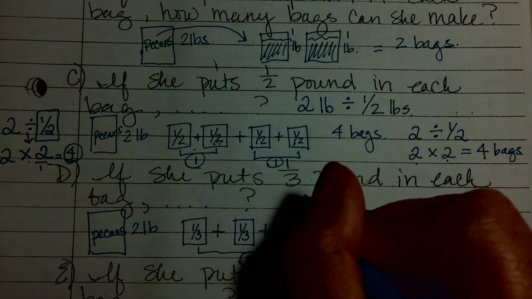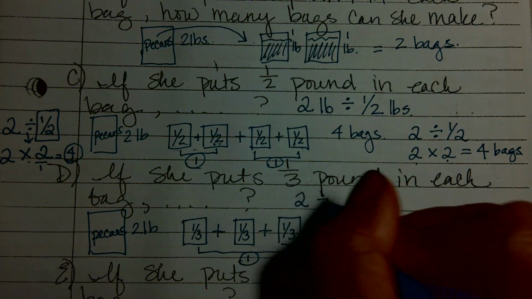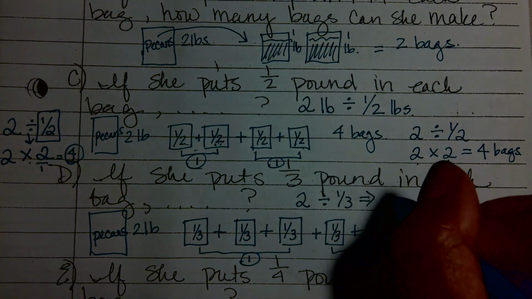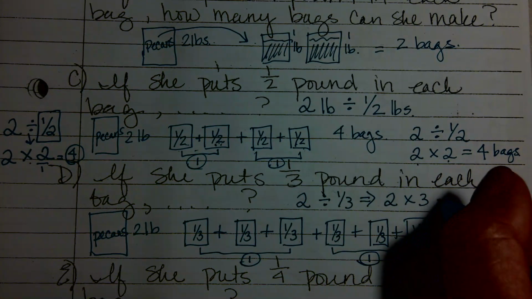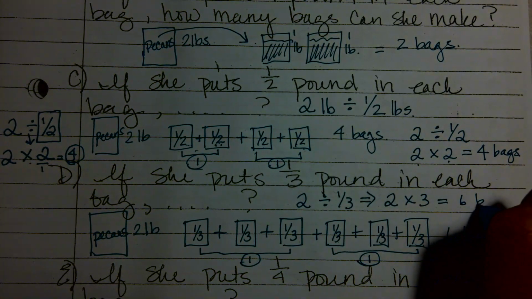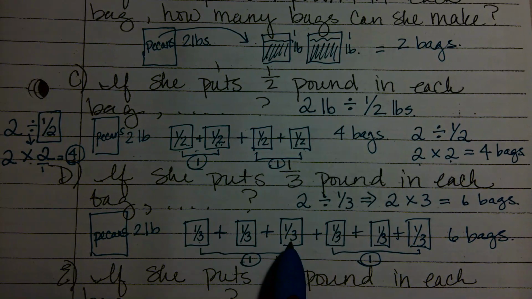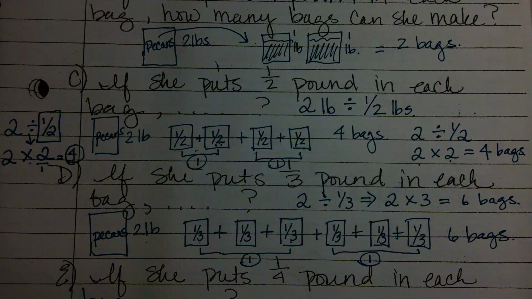Now watch me do it using the mathematical equation. So 2 divided by 1/3 becomes 2 times 3 equals 6 bags. 3 times 2 gives me 6 bags.